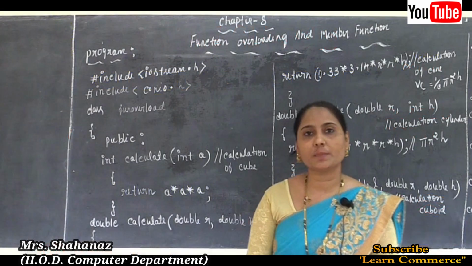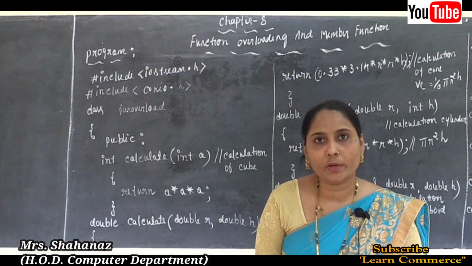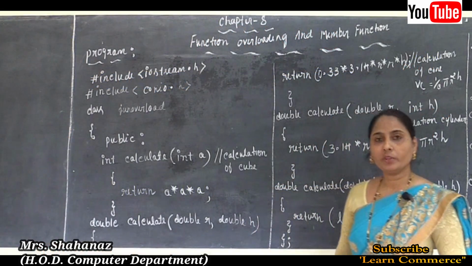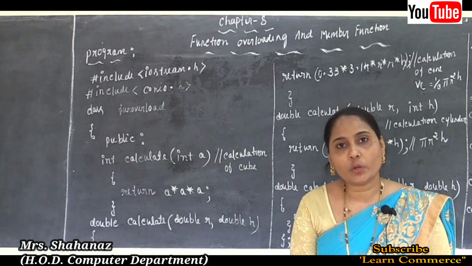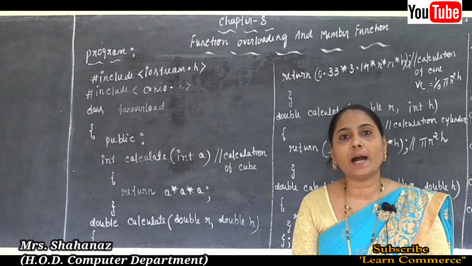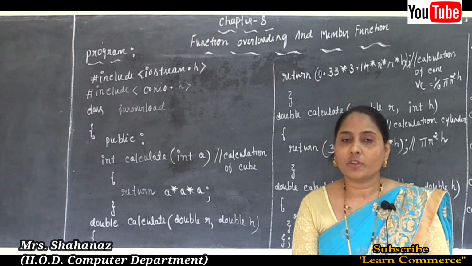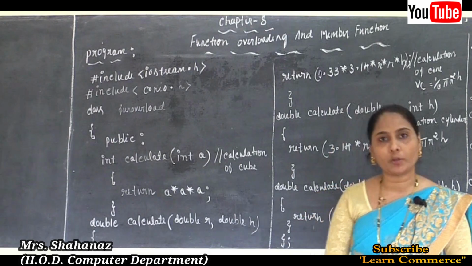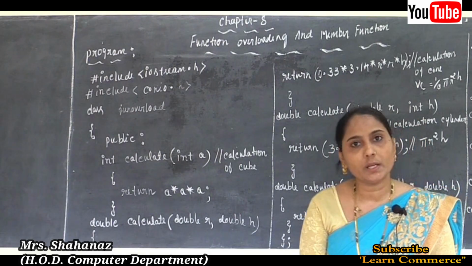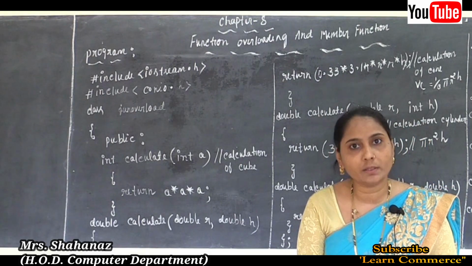We are in the concept of function overloading. We know that the main factor in function overloading is the function's argument list. The function name is the same, but we need to use a different kind of argument or a different number of arguments.